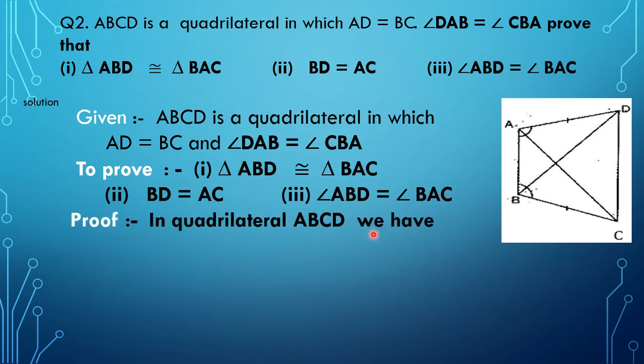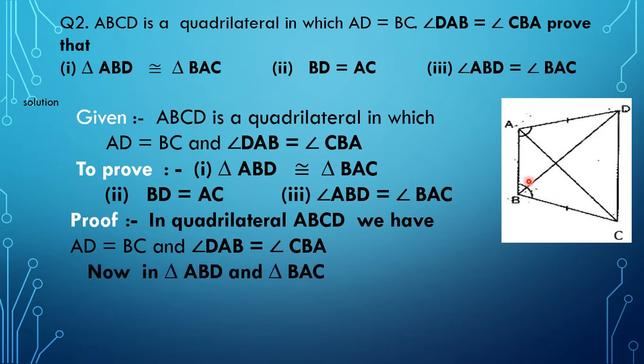In this quadrilateral, we are given that AD and BC are equal. Angle DAB is equal to angle CBA. These two angles, angle A and angle B, are equal. Angle A is in triangle ABD and angle B is in triangle BAC, so for proving, we will take these two triangles.